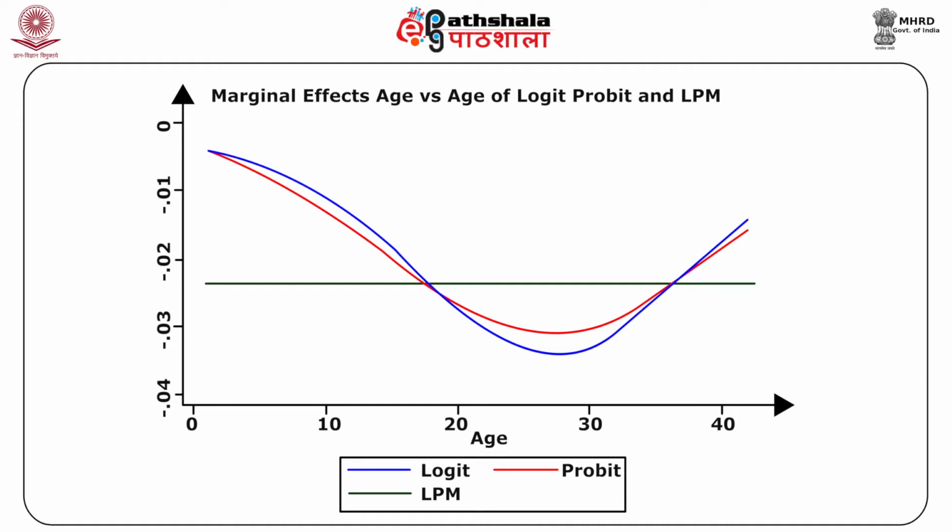This makes sense in case of our example, as in the beginning the marginal effects of age decrease and become negative, but after a certain age the marginal effects of age start increasing and become positive. This is very clear from this graph, where we have the marginal effects of age versus age of Logit and Probit and the LPM model. So we have marginal effects of age, and we have these three different curves for these three different scenarios.